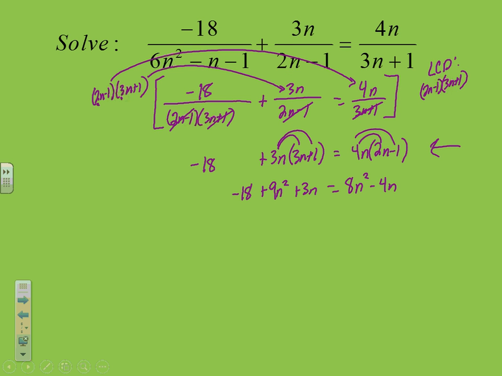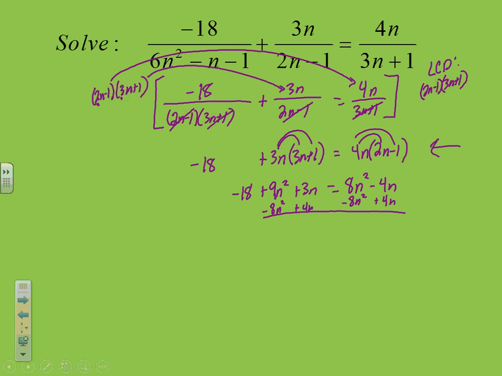Now, the largest term in the equation right now is the positive 9n squared. So because that's the biggest one, we're going to take everything from the right side and move it to the left side, so that way the largest term is still positive. And we'll do the 4n at the same time.